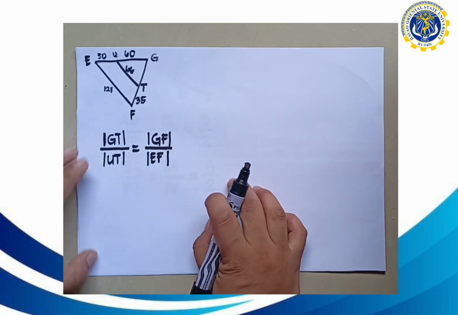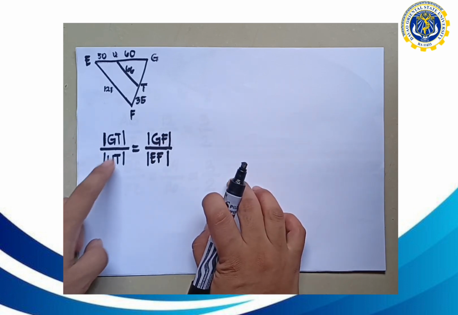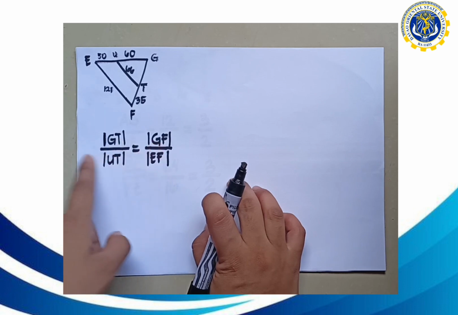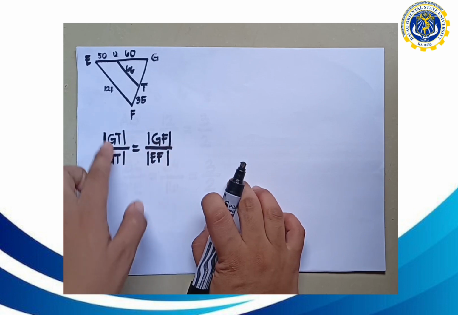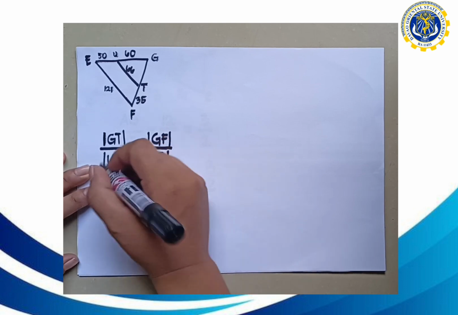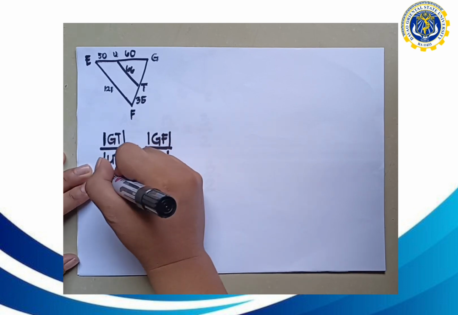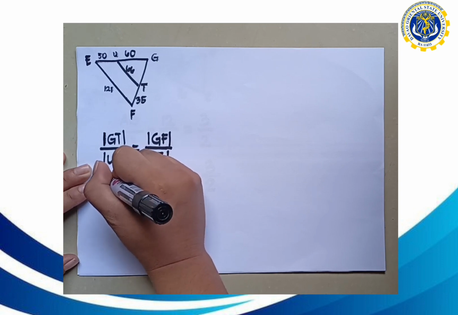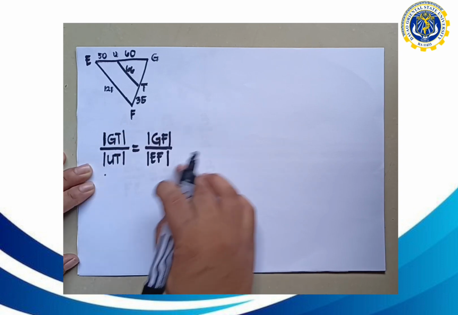So the first step here is to write the observable proportion. These are the observable proportion. Next, you just need to solve for the unknown.